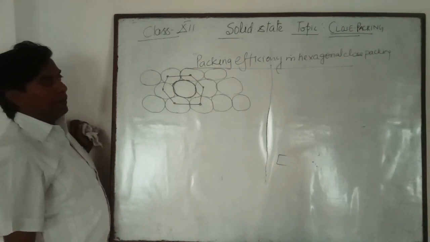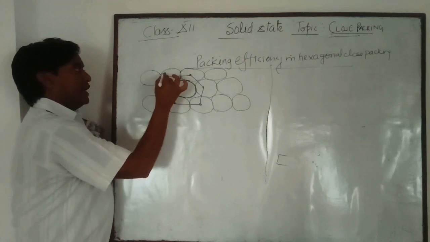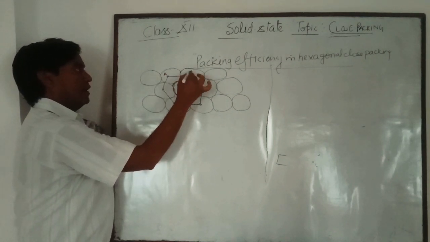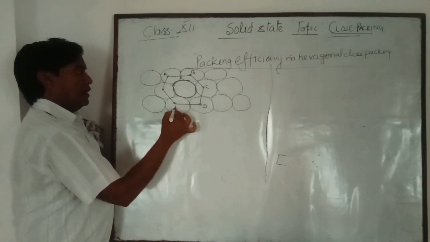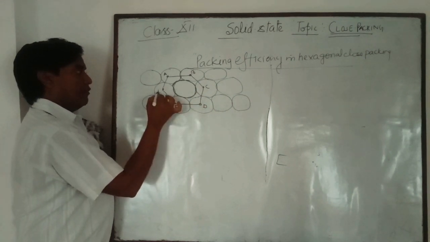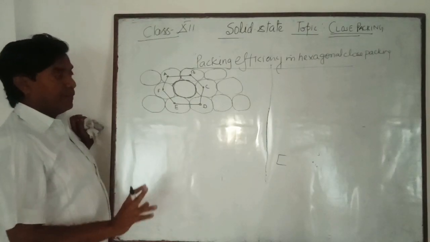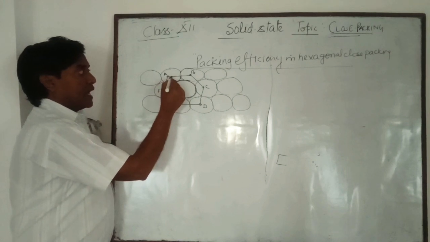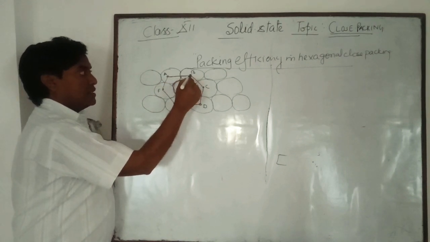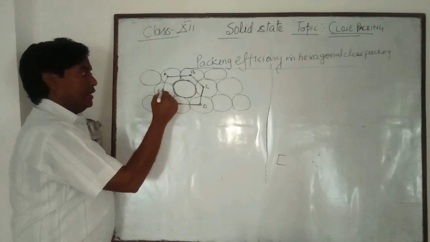Hexagonal close packing. Now you see this hexagon is named as A, B, C, D, E, F. And all the sides of this hexagon are the same. And the length of this side is what?